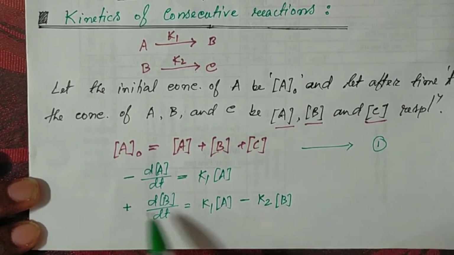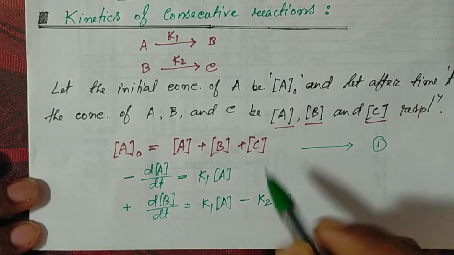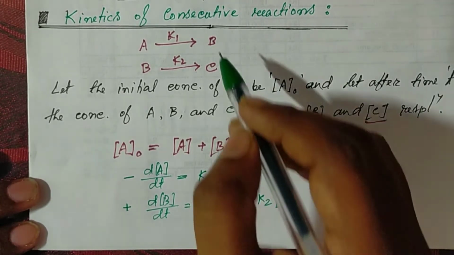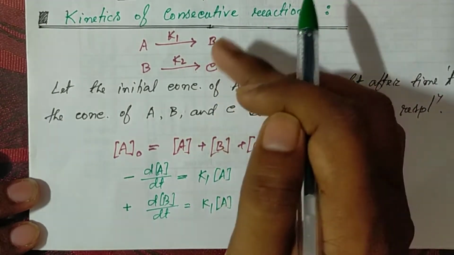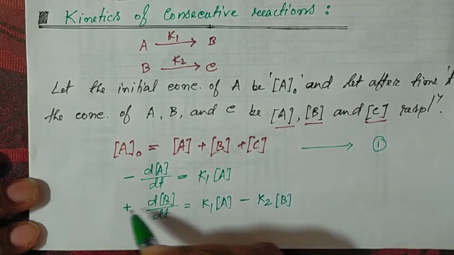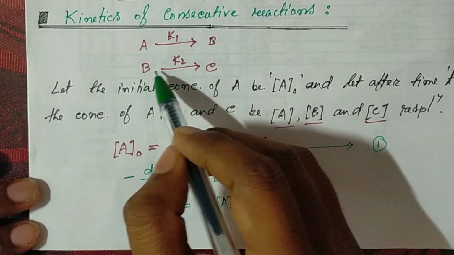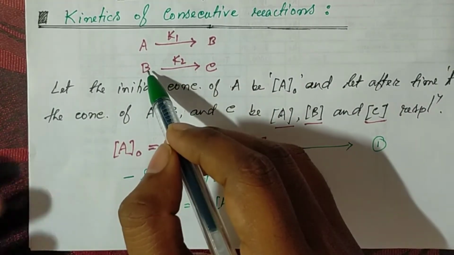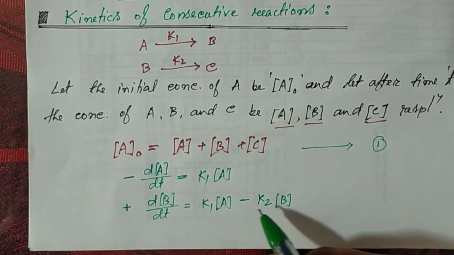Okay, these positive and negative signs come because on the product side the amount of B is increasing, so it is positive, and in this reaction the amount of B is decreasing as it is on the reactant side, so it is negative.